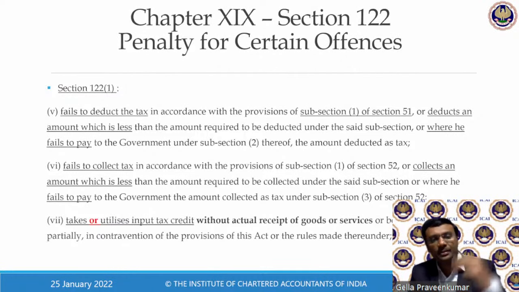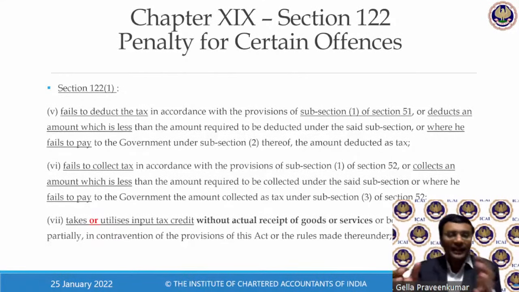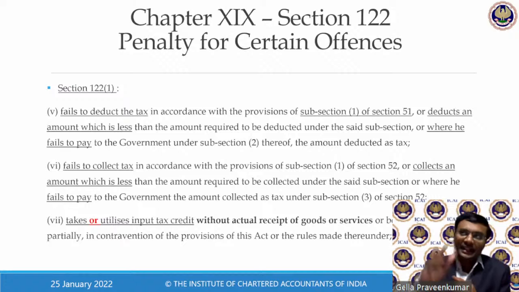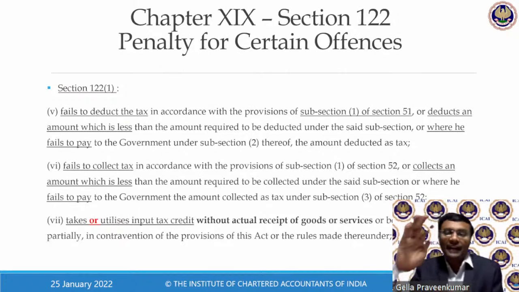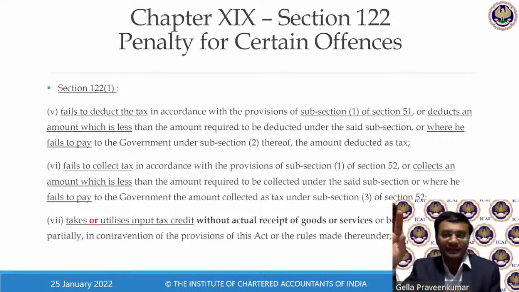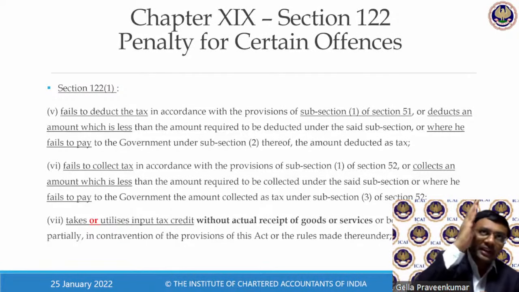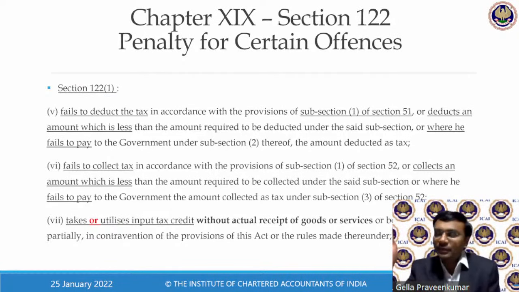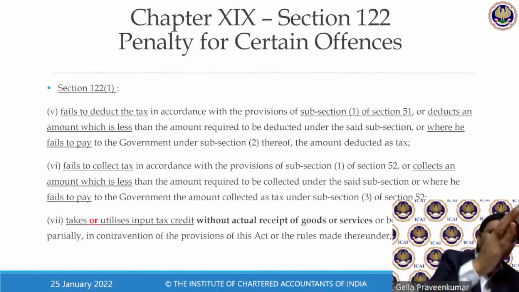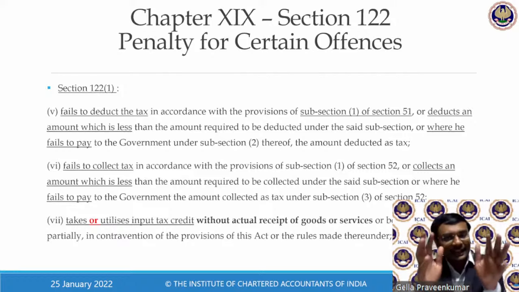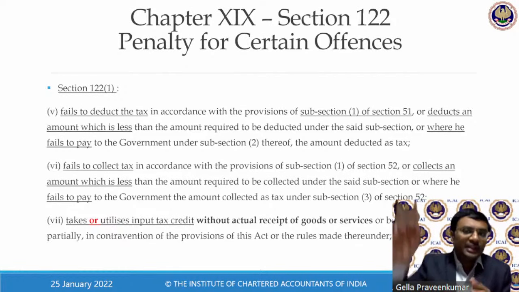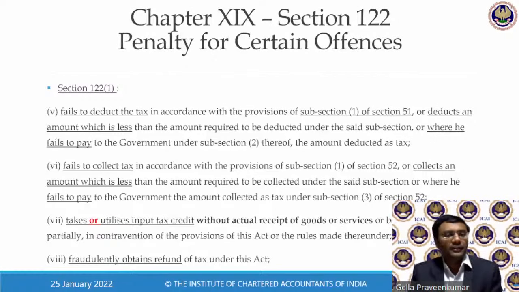Takes or utilizes input tax credit without actual receipt of goods or services. Now, I have not received goods or services, I showed some amount as ITC and I have utilized it. Fraud. Entry of 18,000 was made as 81,000, entry of 19,000 was made as 91,000. This is not fraudulent, it is a clerical error, so I put it into procedural lacuna. Fraudulently obtains a refund: fraud.